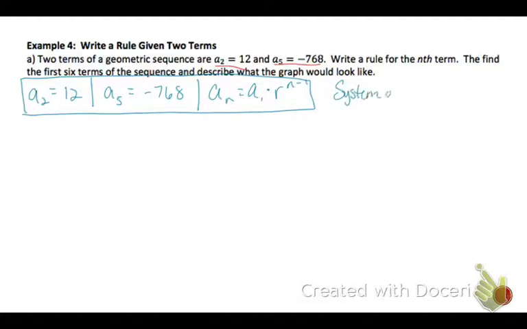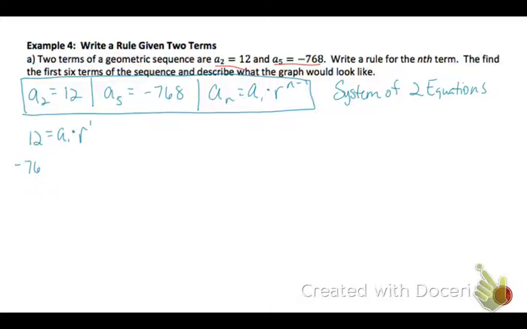And I'm just making a note that we're going to use a system of equations to solve. So instead of a sub n, we say 12 equals a sub 1 times the rate raised to the 2 minus 1, because that's our position number, 2. So that becomes r to the first power.